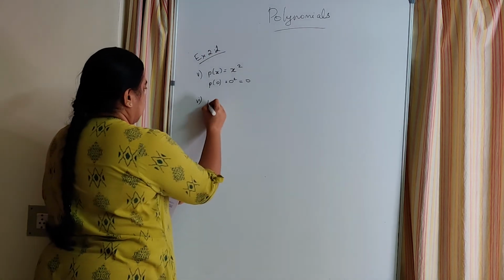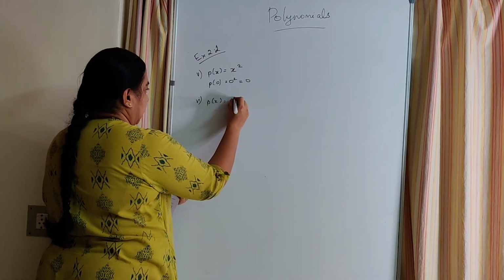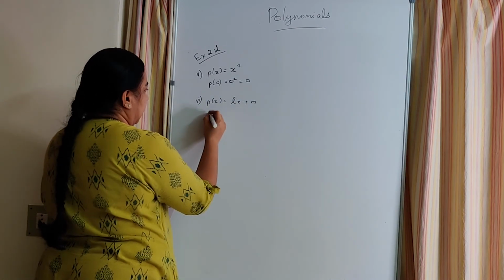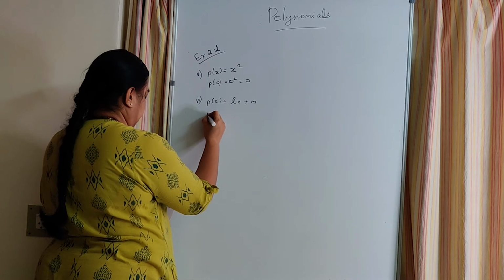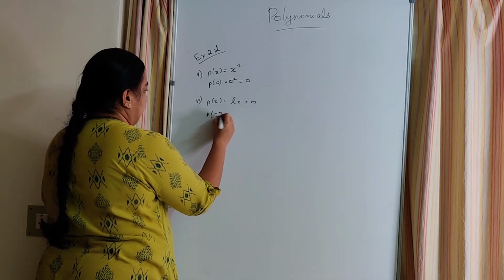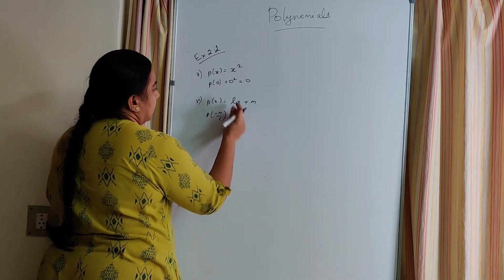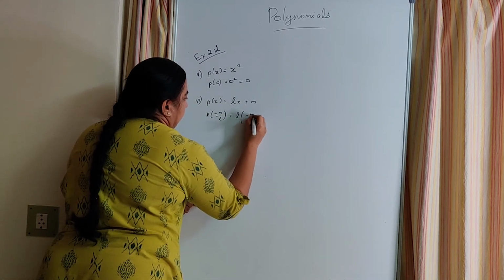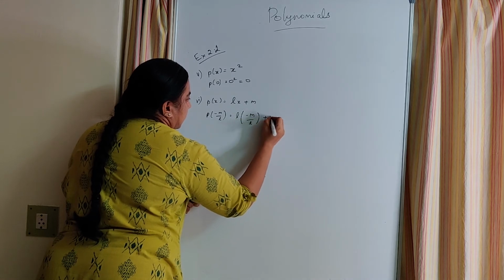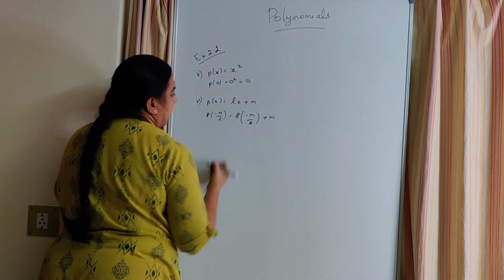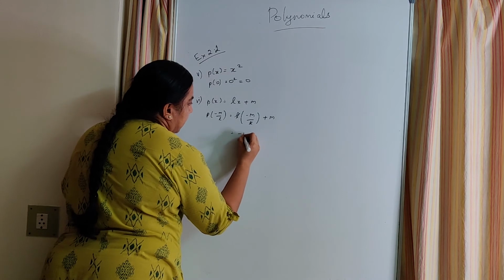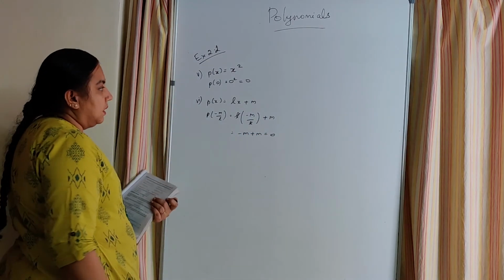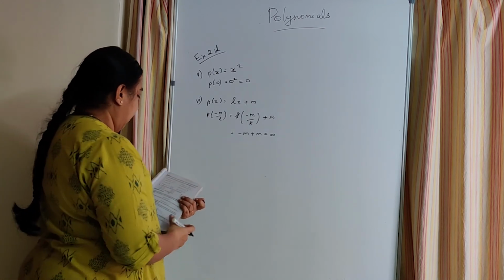P of x is equal to Lx plus m, and in that they want you to substitute in the place of x, minus m by L. So in the place of x I am going to substitute minus m by L plus m here. So this L and this L get cancelled. The remaining terms are minus m plus m and that is equal to 0 again. So yes, it is a factor.